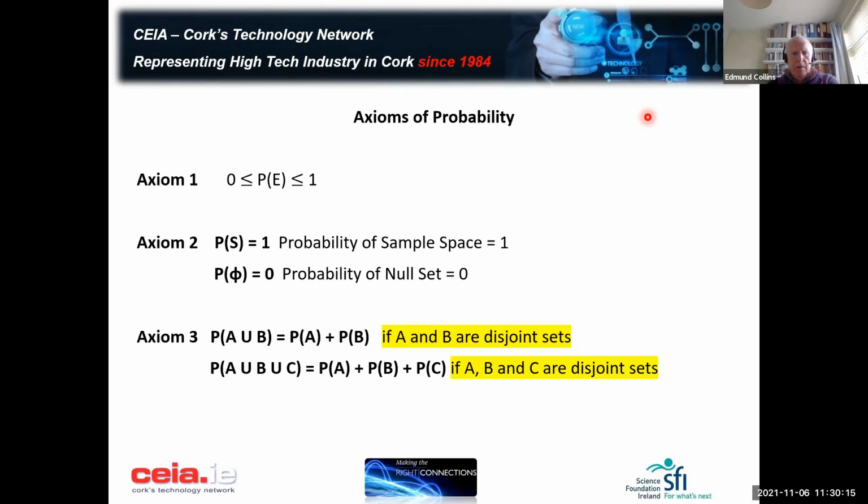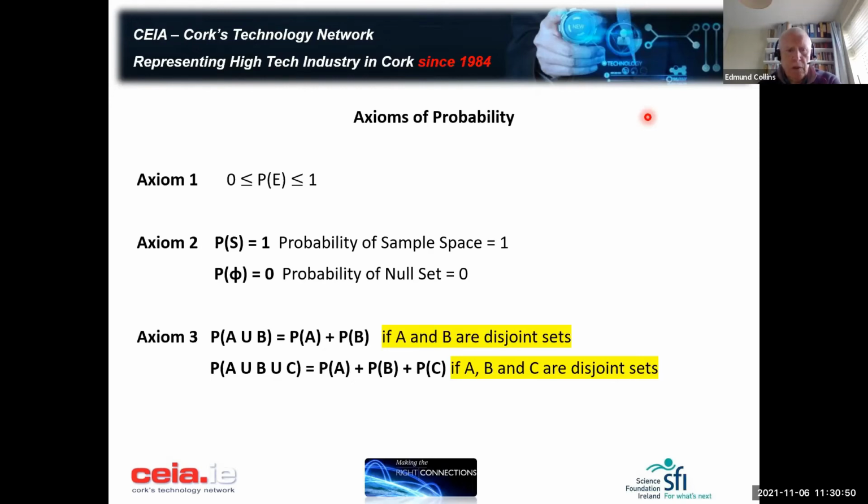Then if we have the probability of the sample space, that equals 1. And if we have the probability of the null set, the event not happening, that's how that's designated. That equals 0.